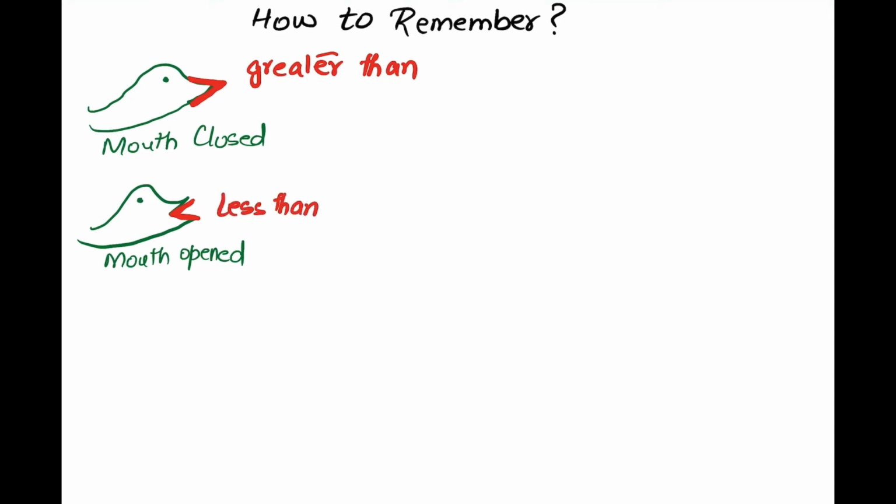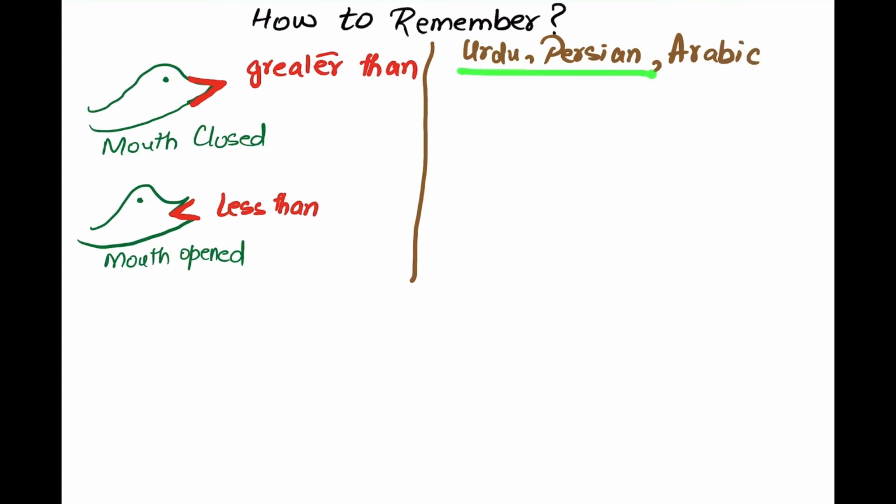There is one more technique that you can use to remember it. This will mainly be helpful for those students who are familiar with Urdu, Persian, and Arabic languages. In all these languages, there is a letter called Dal. This is the letter Dal.